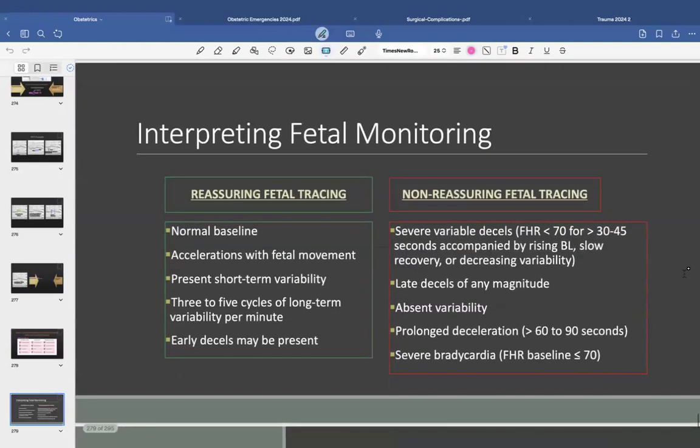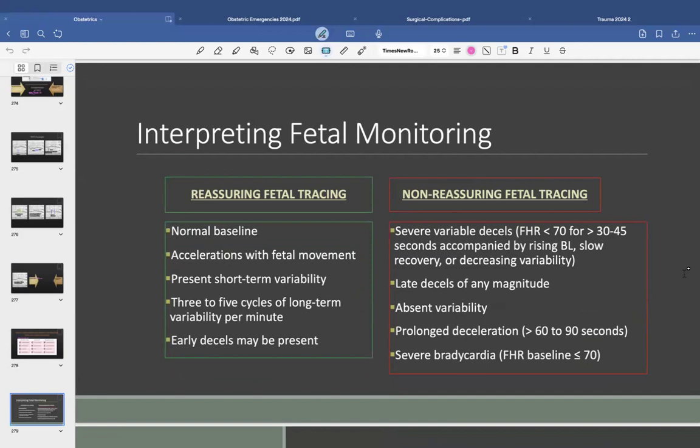Interpreting fetal monitoring. So we need to know the normal baseline. You need to be able to pull out that normal baseline. Check for accelerations with fetal movement. Sometimes they will present with short-term variability. There are 3 to 5 cycles of long-term variability per minute.